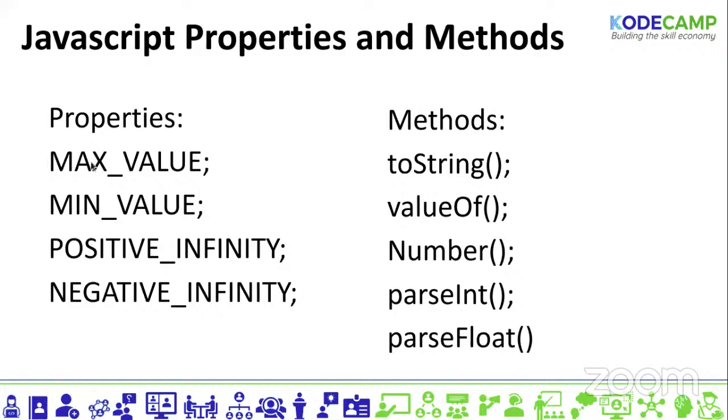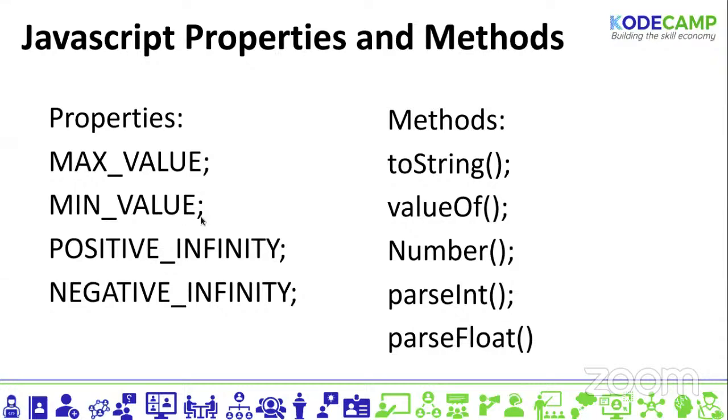Max value is the largest number possible that JavaScript as a language can actually work with. While min value is the smallest number JavaScript can work with comfortably. Positive infinity is what you get when dividing a number by zero in JavaScript. Then negative infinity is dividing a negative number by zero.